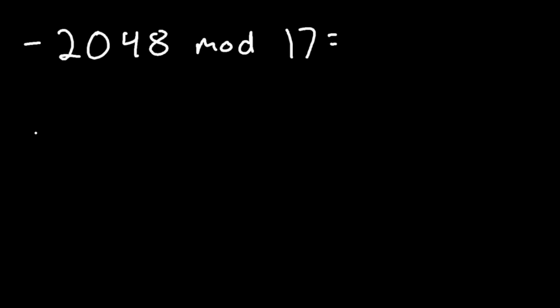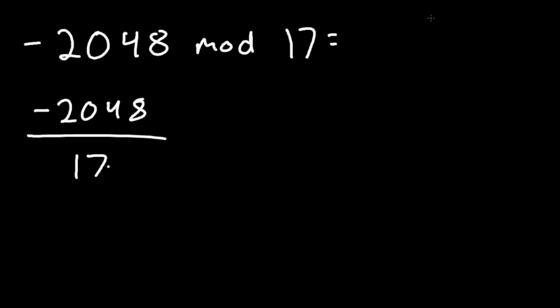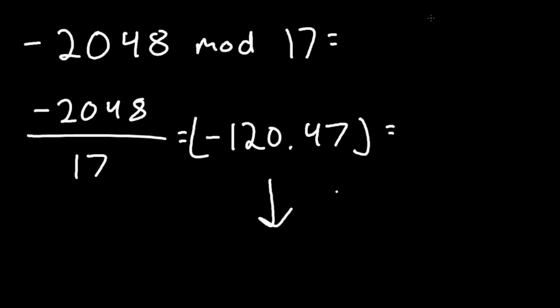But let's actually get back to the problem. I'm not going to take too much of your time because most of you are probably CS majors if you're taking a discrete math course. But this right here divided gives us about negative 120.47... We want to floor this. Remember, flooring it brings the value down. So what's an integer that's below negative 120.47? It's negative 121.